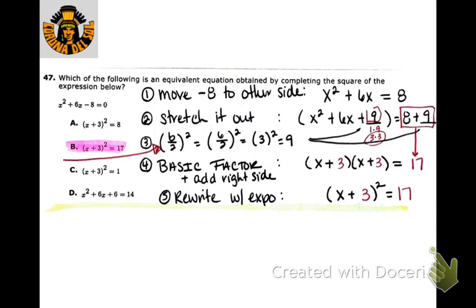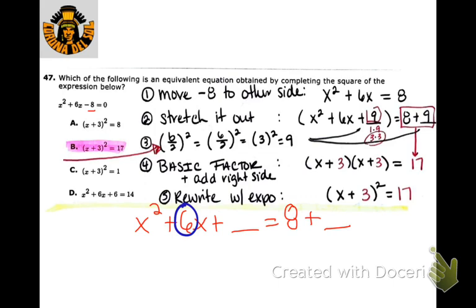All right, so completing the square. So first thing you do is you move the constant. This is the constant. You move that over to the other side. So you move that over to the other side. You leave yourself a blank. So that would be 8 plus a blank. And then you add that magic number. So remember, the magic number is half of that middle term right there, and square it.